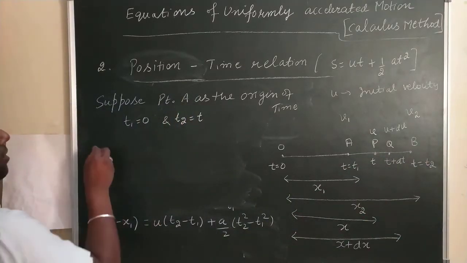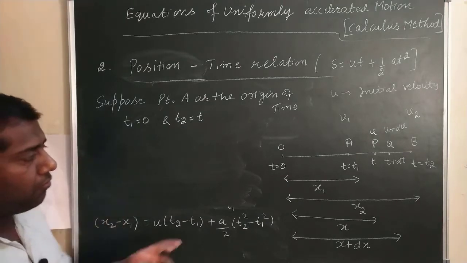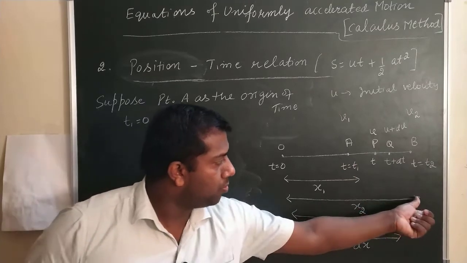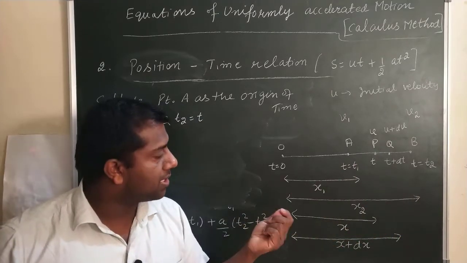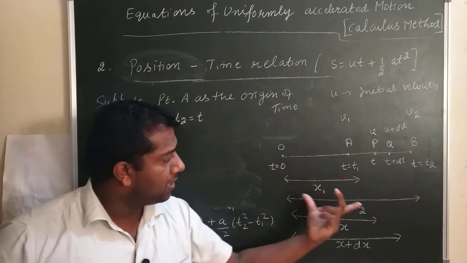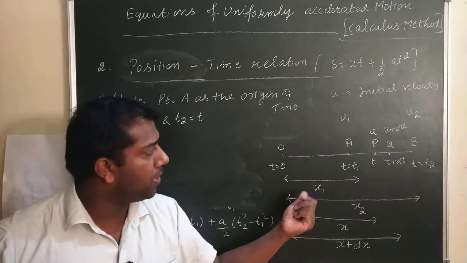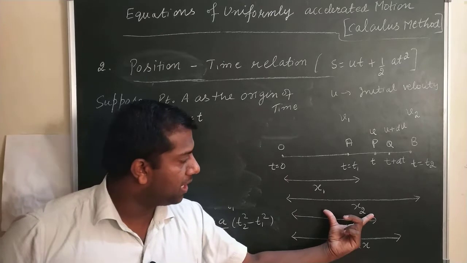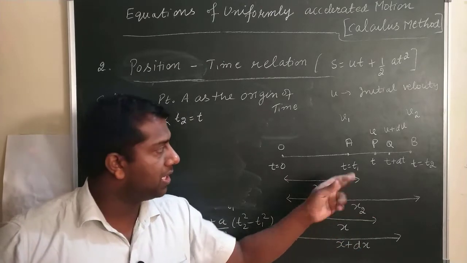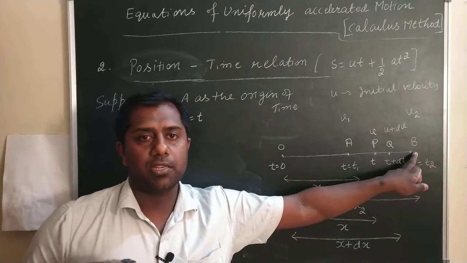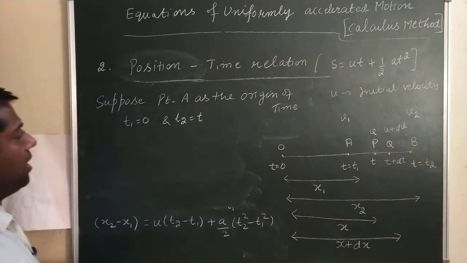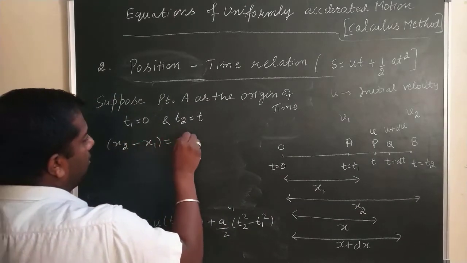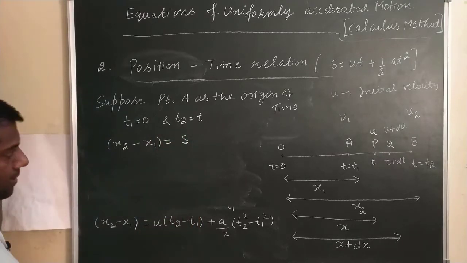So I will put the values. And also if we suppose this point as the origin of time, what is x2 minus x1? It is clear from this figure that this is x2 which is OB and this is x1 which is OA. So if we take the difference x2 minus x1, it is equal to AB, which is the displacement in the time t.